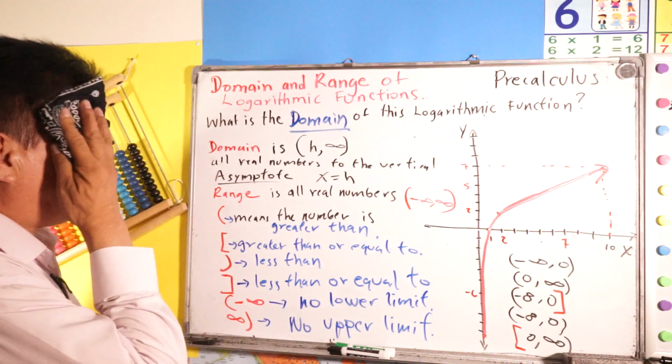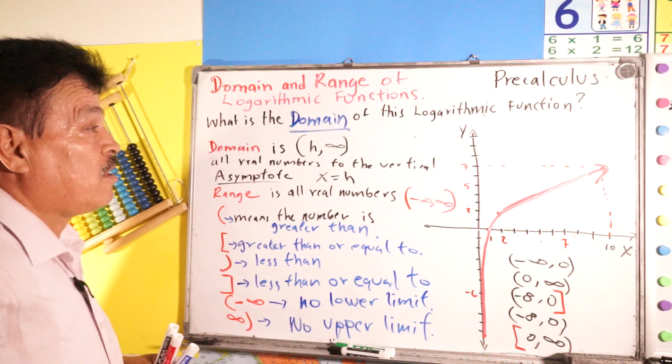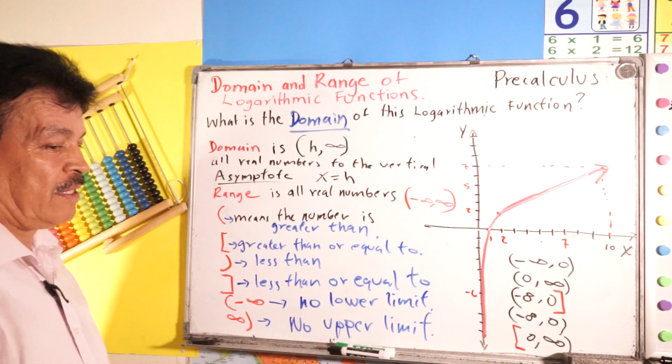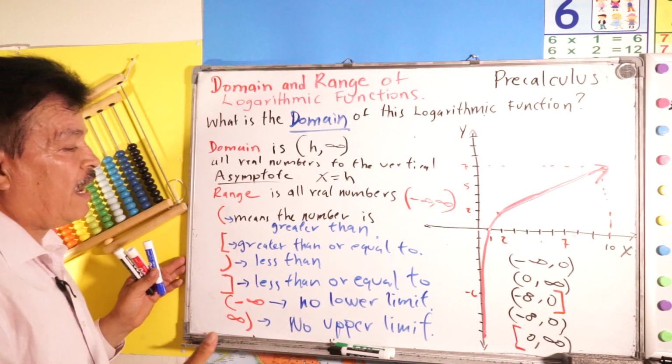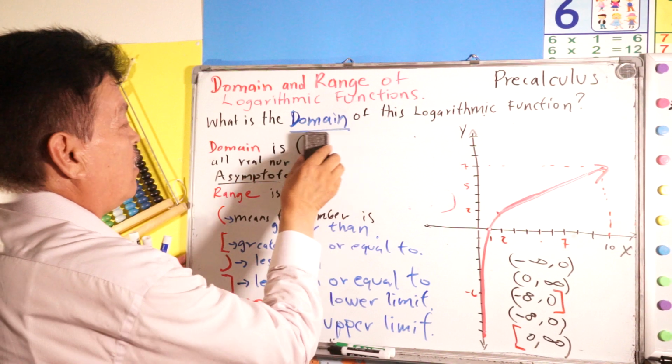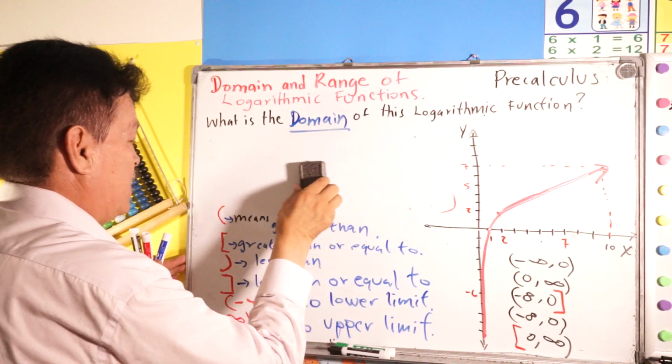So now, where is the domain of this logarithmic function here? Then, where is the right answer? Also, I would like to explain a little bit more.